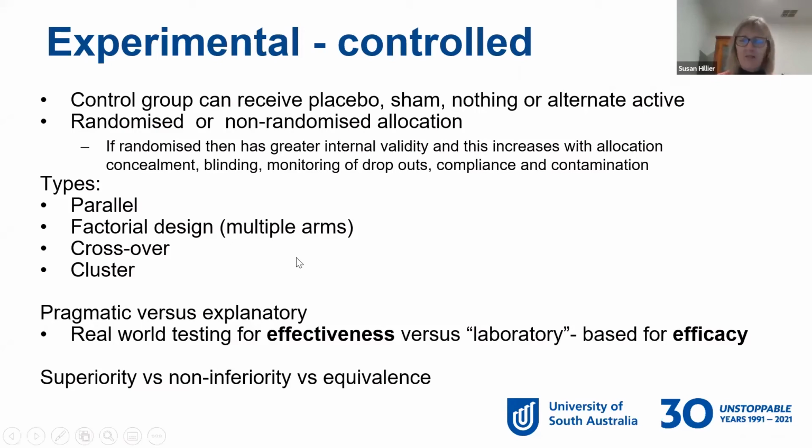So classically, therefore, when we are considering a crossover trial, we would be considering the primary endpoint at the end of phase 1. And that at the end of phase 2, that the two groups will have equalised, having both had that period of intervention, the same intervention.